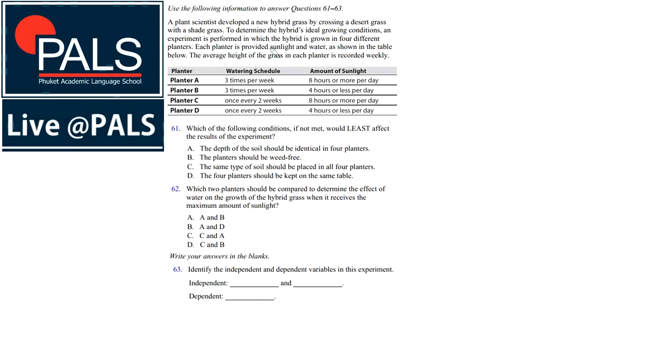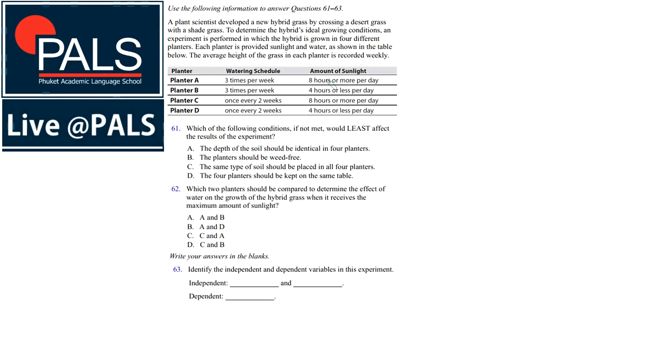Each planter is provided sunlight and water, as shown in the table below. The average height of the grass in each planter is recorded weekly. Planter A has a watering schedule 3 times per week, same as planter B. Planter C and D are watered once every 2 weeks.